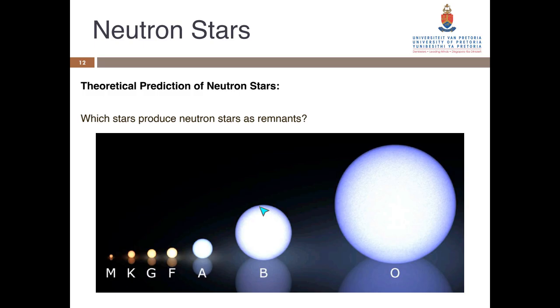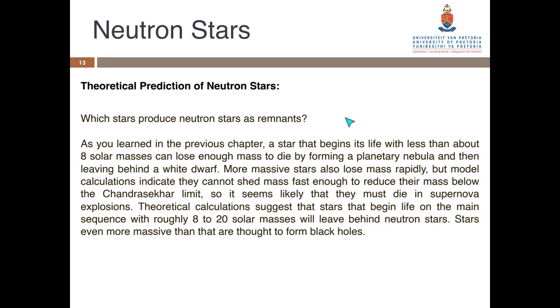So which type of star is our own sun? Our own star is a G-type star, which is 1 solar mass. So from about an A-type star that we have here and above, we get a neutron star. And if it's above 20 solar masses, then we get a black hole.